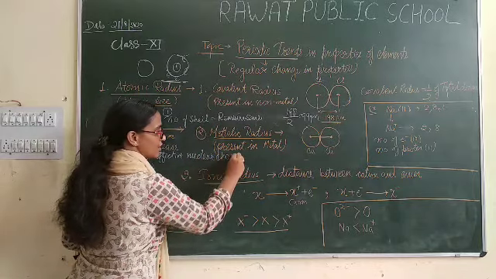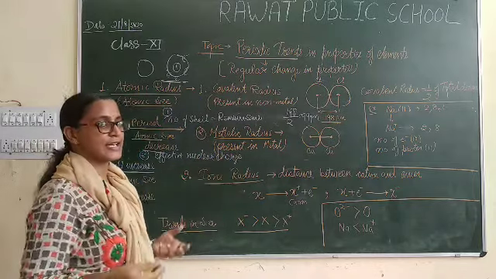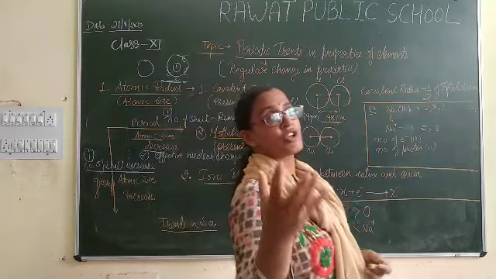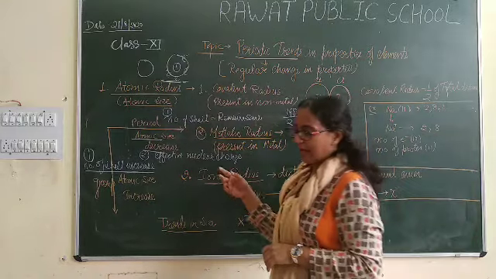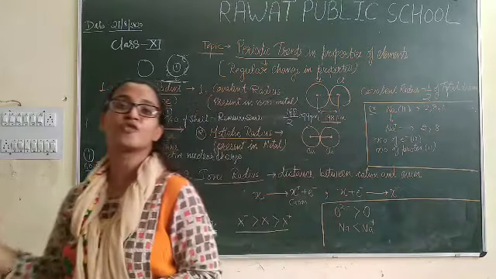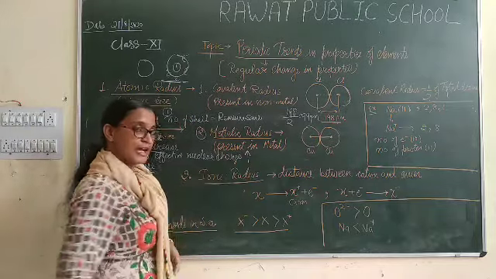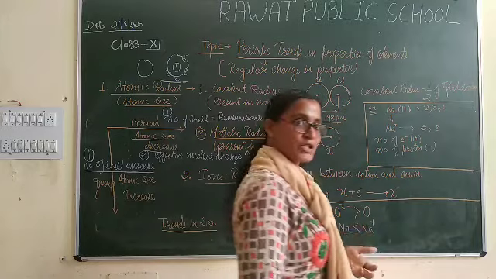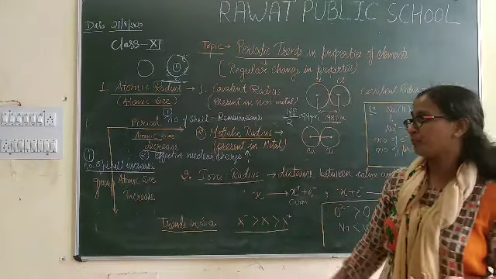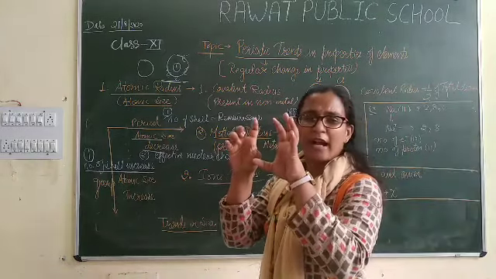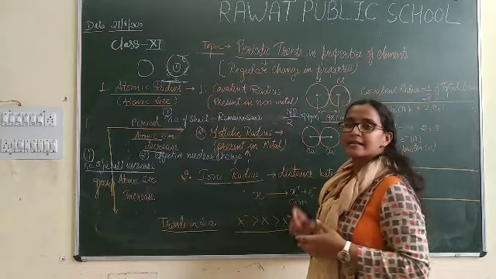What is this effective nuclear charge? As I already told you, it is the attraction force present between the positive and negative parts. So this effective nuclear charge increases, and due to this increase, there is some kind of shrinkage in the size.